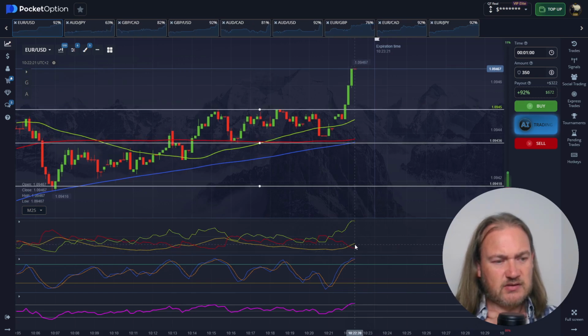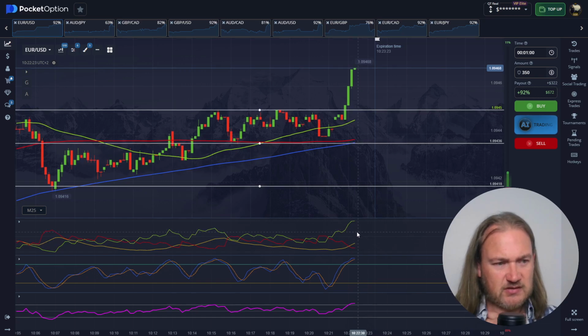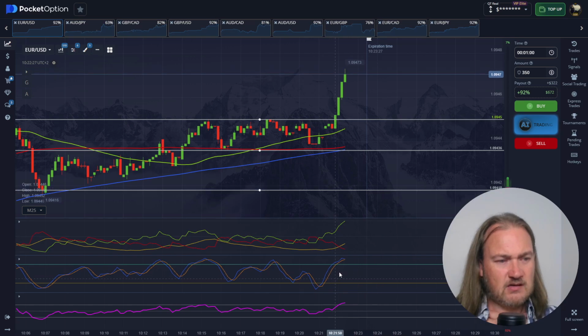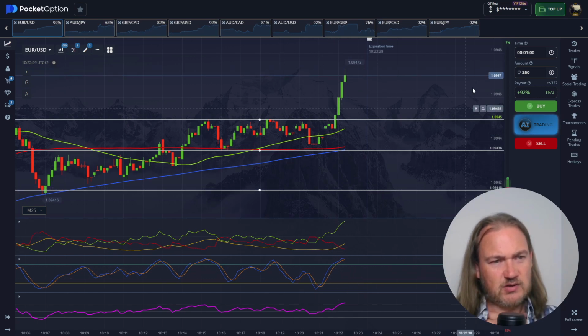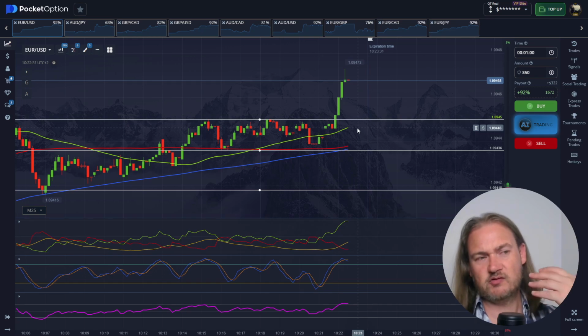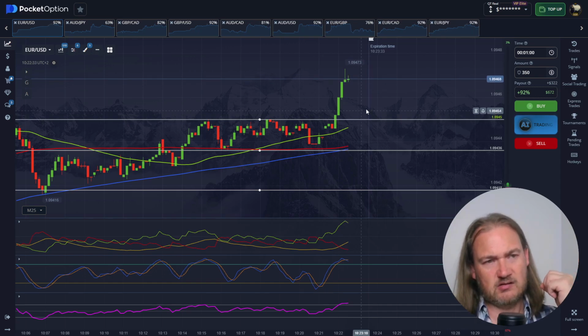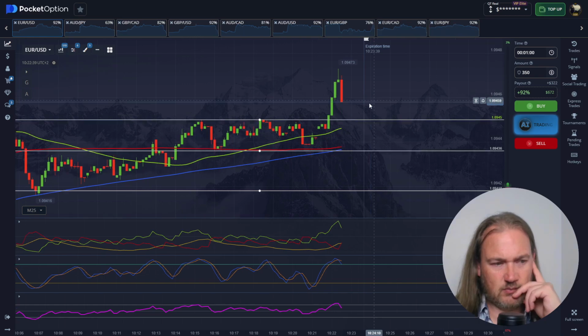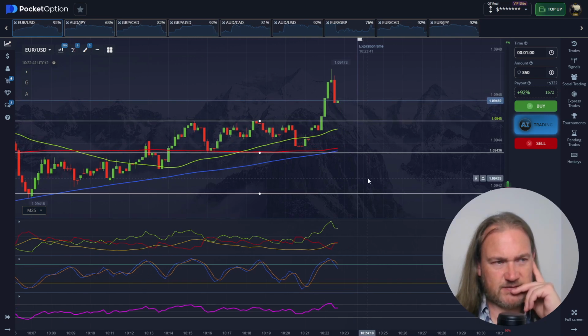And I can now start looking for some entries. This is the kind of movement that we like. The smoother the market is flowing, the higher the probability of winning trades with our entries.